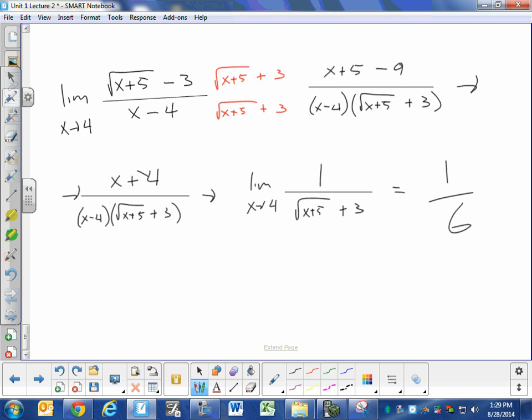Awesome job. Okay. So once you're multiplying by the conjugate, you gotta have this squared, which you have, minus the b squared. So minus 9. Then you'll simplify that 5 minus 9. You'll go from there.